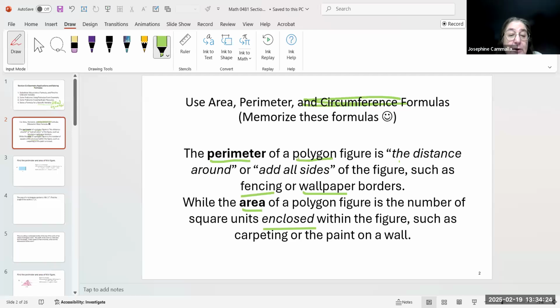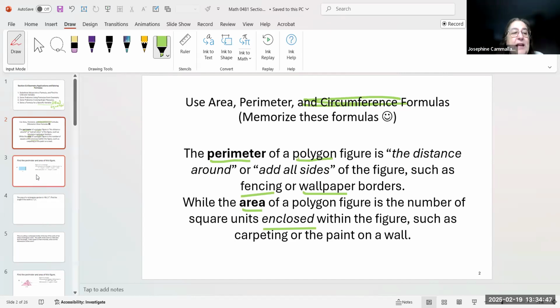And when you think of area, think about the carpet in your bedroom or in your living room. To determine how much carpet you need, you're going to find area. Now, if you want to paint a single wall, you're going to have to know the area of that wall to determine how much paint you're going to need.